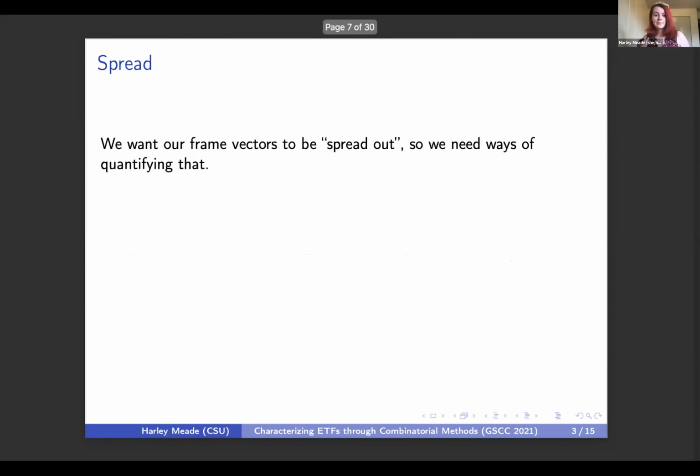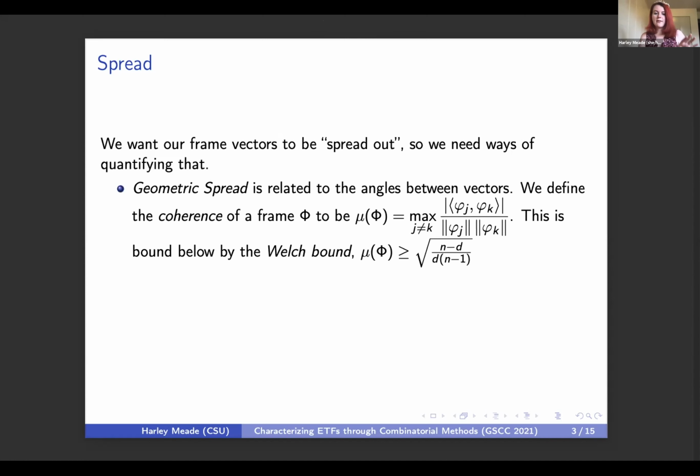So I mentioned that the redundancy is good, and we have ways of quantifying that, specifically how much it's spread out. One way to think of the frame being spread out is with geometric spread, and that's going to be related to the angles between vectors. So we have this term coherence, which is the maximum of the pairwise inner products over the norms.